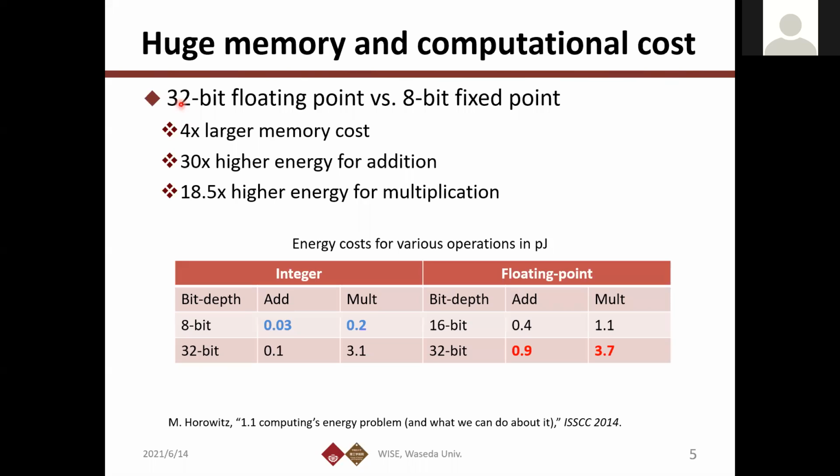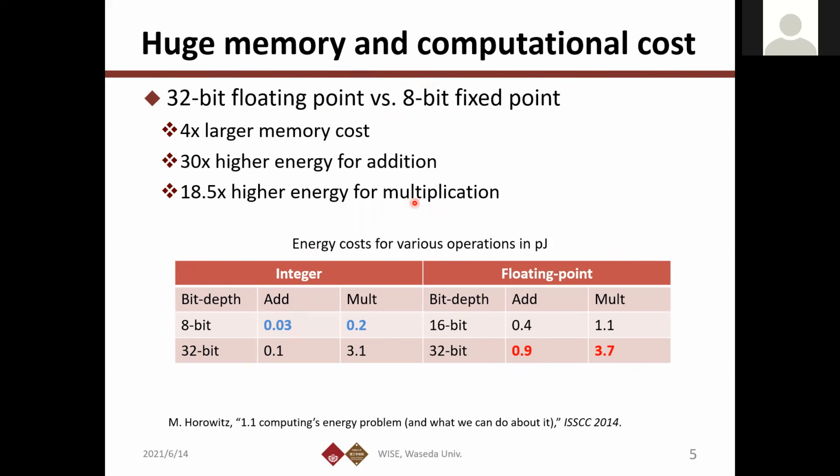About the computational cost, as shown in this figure, for addition, 32-bit floating point may consume 30 times higher energy, since one is 0.9 and the other is only 0.03.